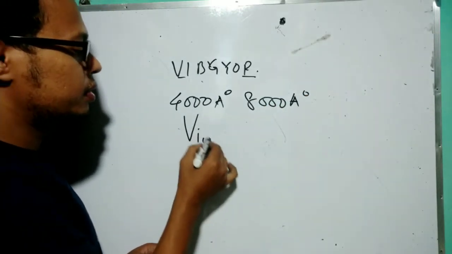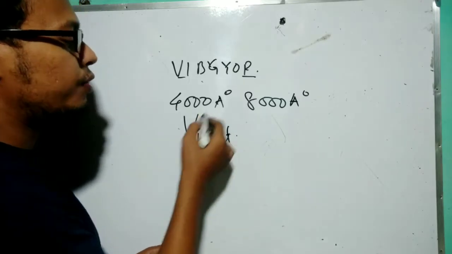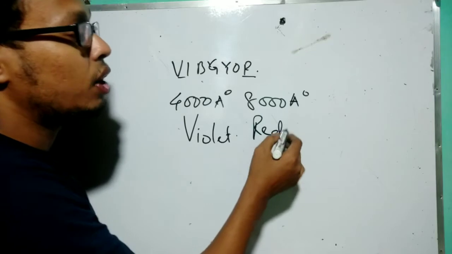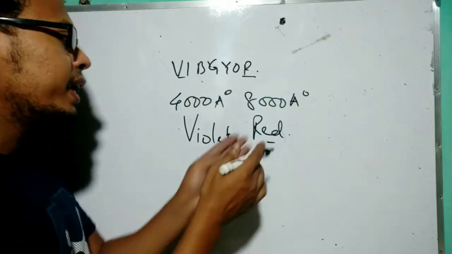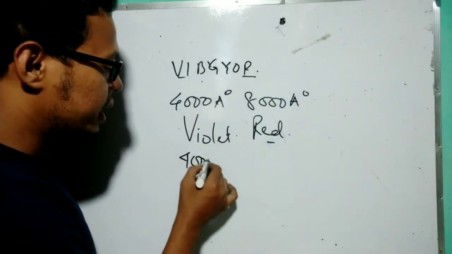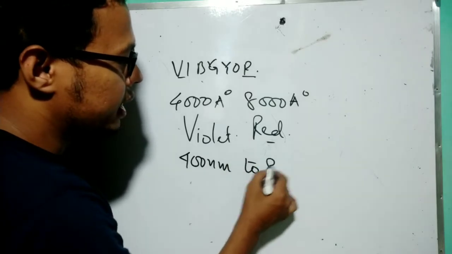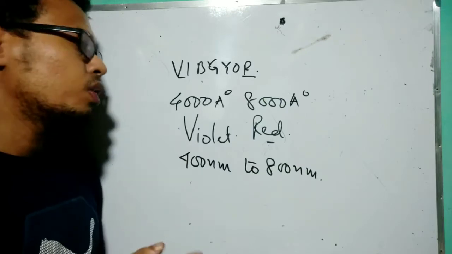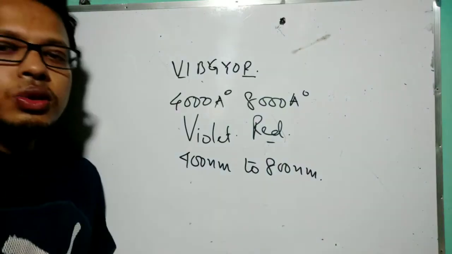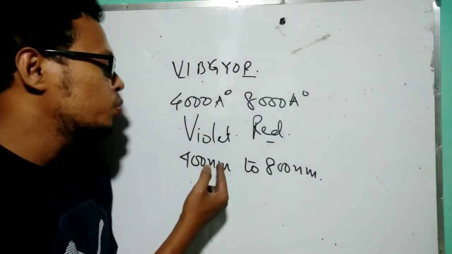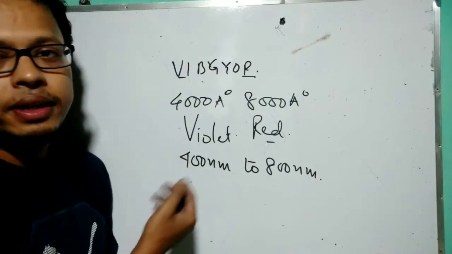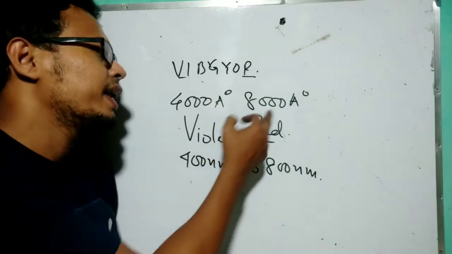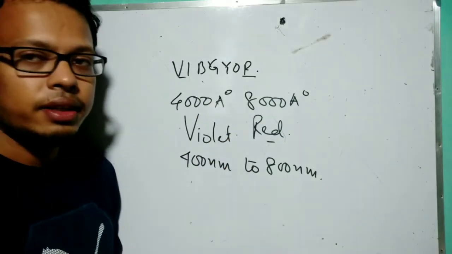For violet the wavelength is 4000 and for red it is 8000 Angstroms. In nanometers, you write 400 nanometer to 800 nanometer. So this is the range of the wavelength of visible light. How to convert Angstrom to nanometer? Divide by 10. So 4000 divided by 10 is 400 and 8000 divided by 10 is 800.